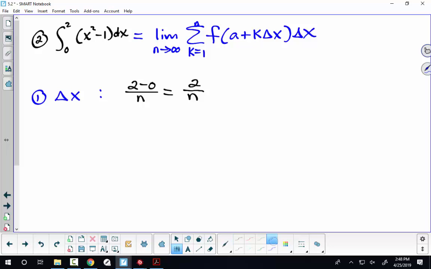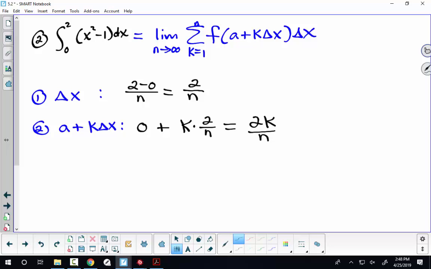Second, find a plus k times delta x, so we can put that into the function x squared minus 1. So again, a is 0 plus k times our delta x gives us 2k over n. Just note here the function squares and then we subtract 1.